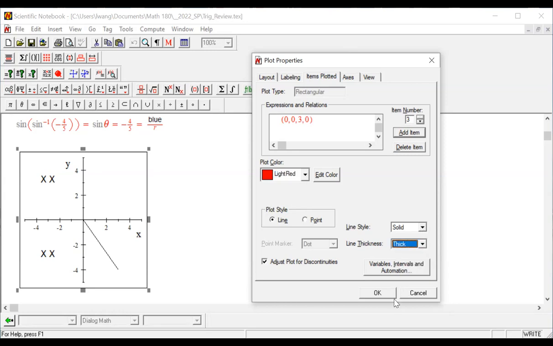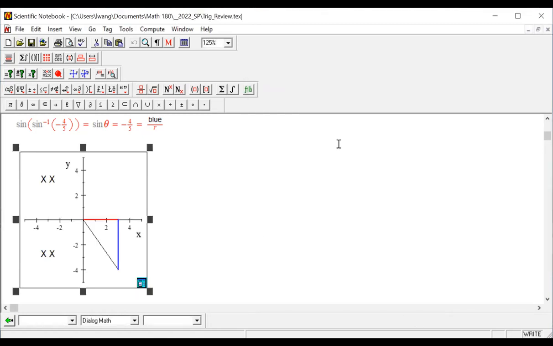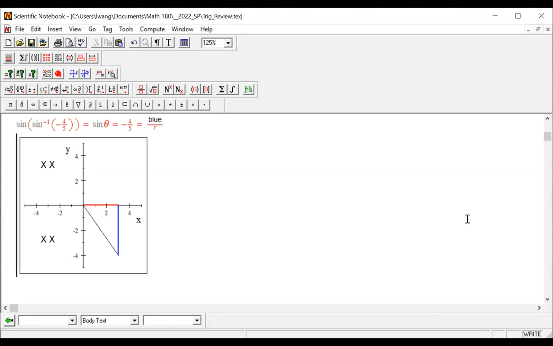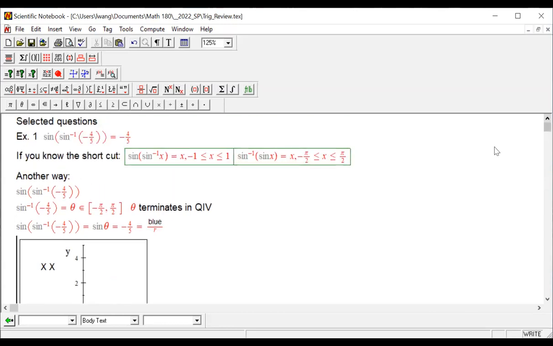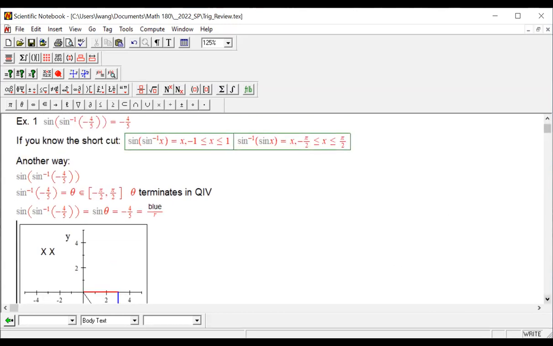I don't want to get you bored, but we seem to have been doing this over and over again. Whether you know the shortcut or you don't, you're going to get it if you just know the basics. So that's the first exercise.